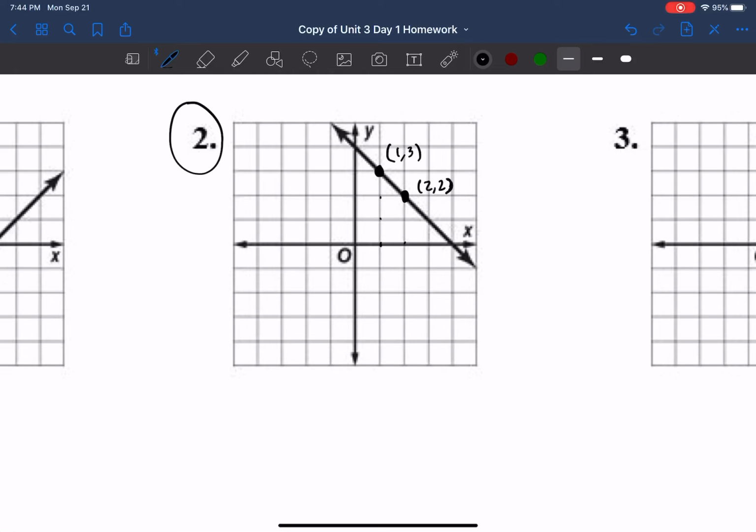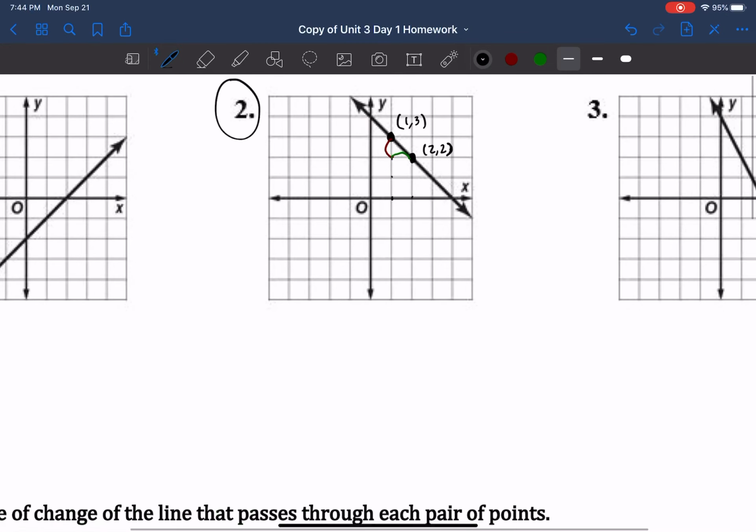So we do rise over run. How much does it rise? How much is there a change in height, or y? So it goes down 1, and then it runs 1. That one's not too hard because, I know I'm using the word rise, but since it's going down, it's a negative rise.